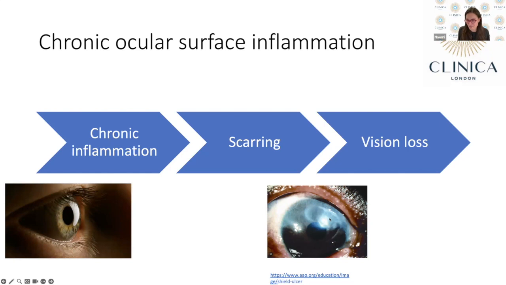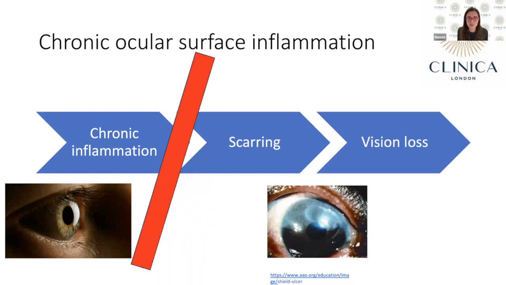And clearly there is a risk of vision loss associated with that. So the treatment when we see VKC presenting is to try and calm that inflammation down enough that we don't end up in that place.